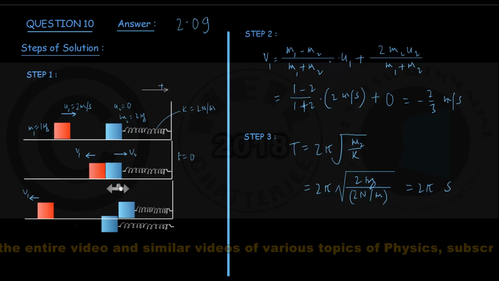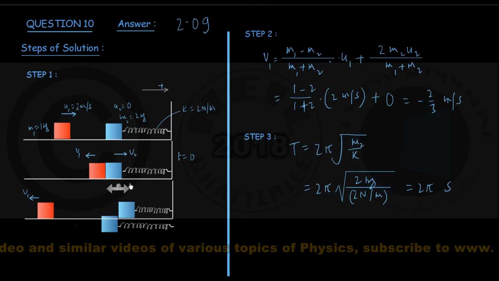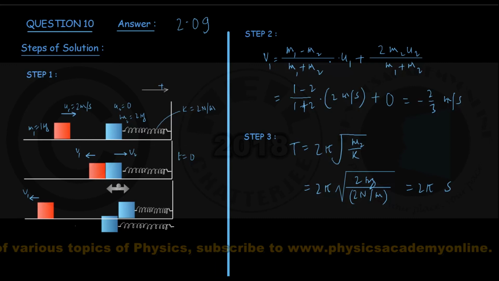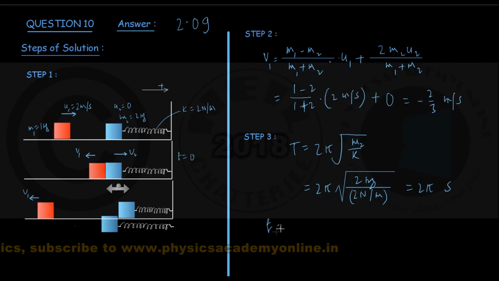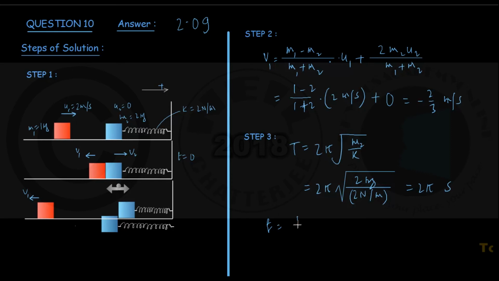So the time taken for that, going to the right extreme, coming back to the middle point, is half the time period. And that's why you can say the time elapsing since collision, after which block 2 in blue color returns to its original position and the spring regains its original length, is equal to half the time period, T by 2. That is equal to pi second.